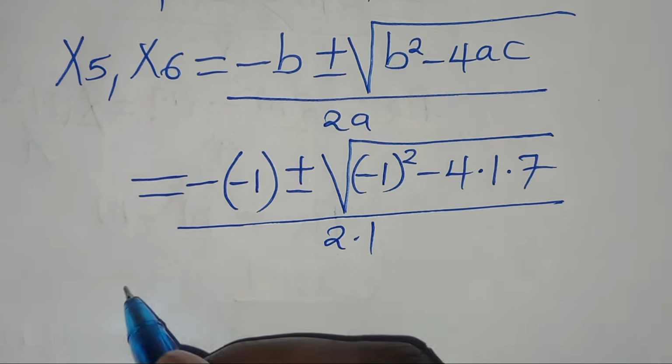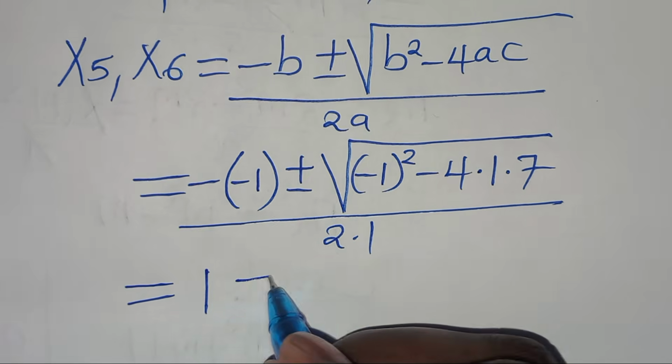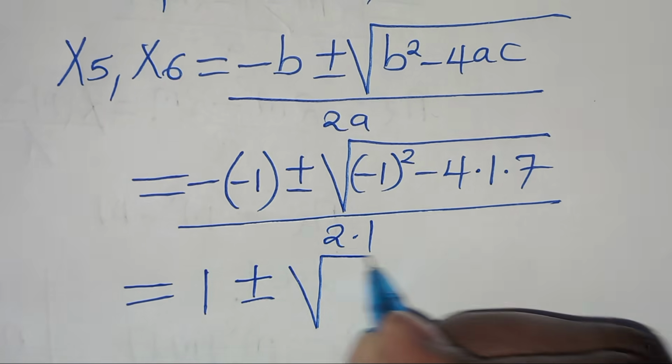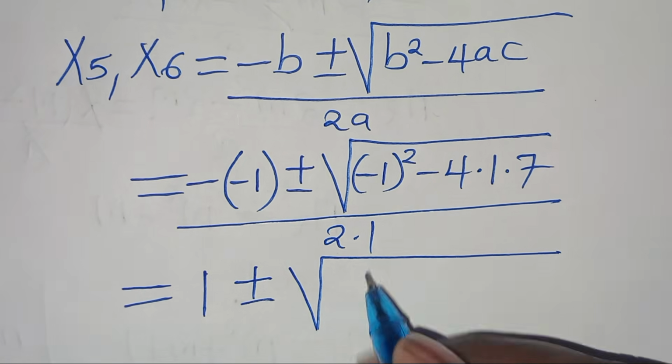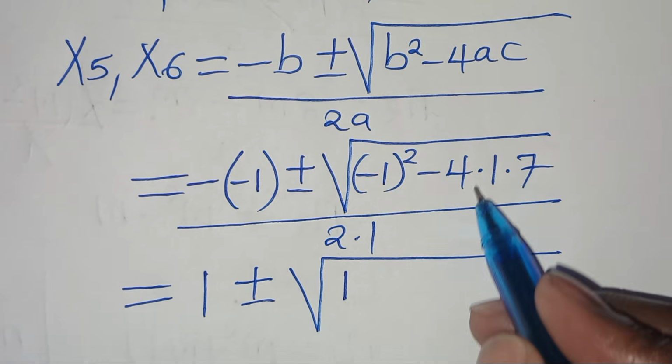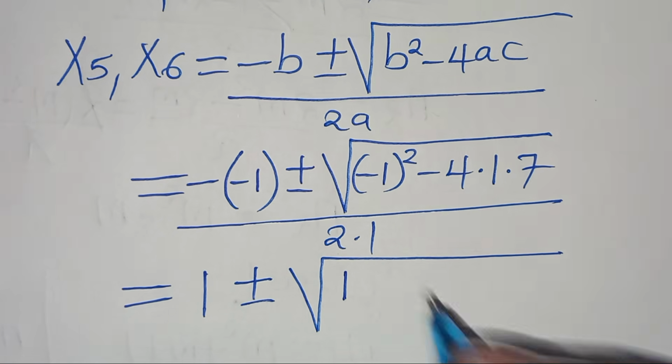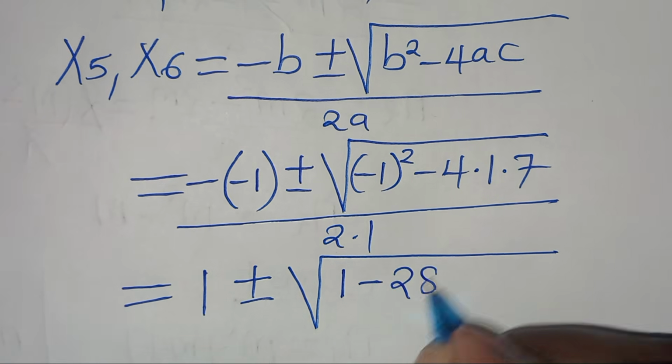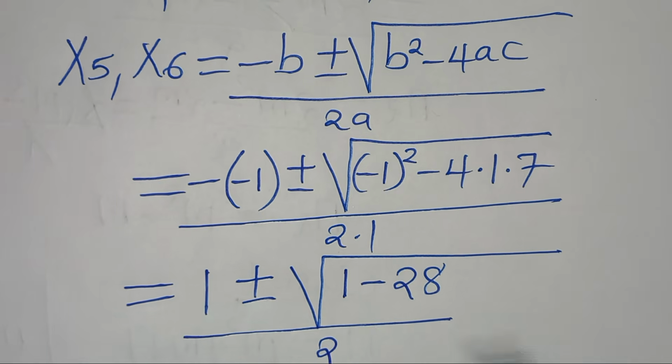So we have minus times minus 1, this is 1, plus or minus, this is the square root of minus 1 squared, which is 1, then this is minus 4 times 7, this is minus 28, then divided by 2.